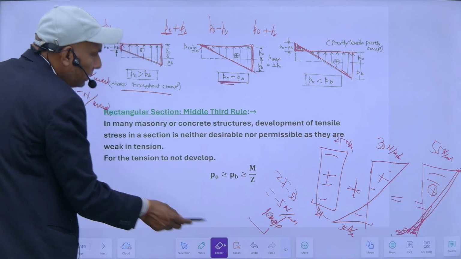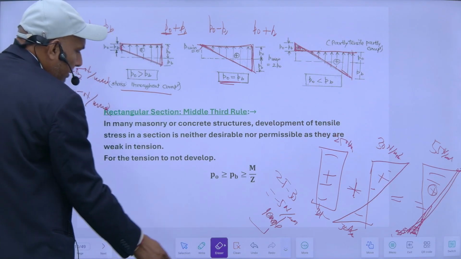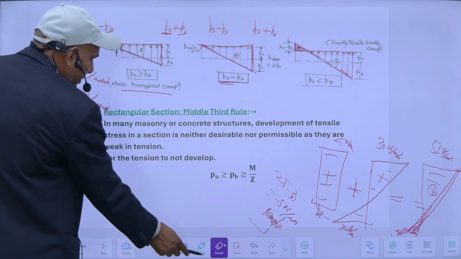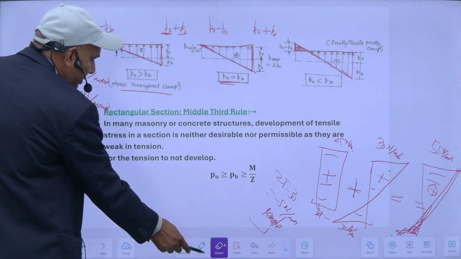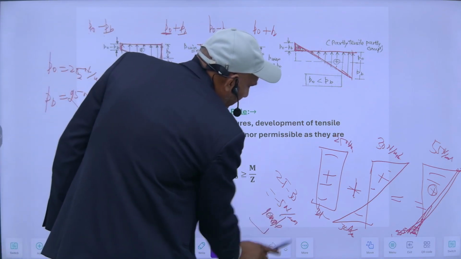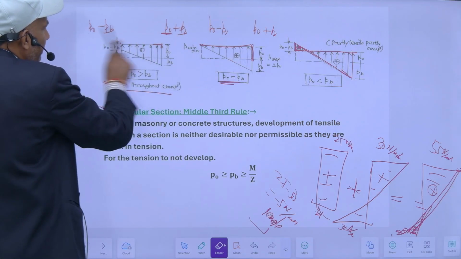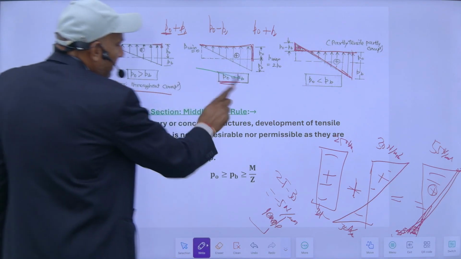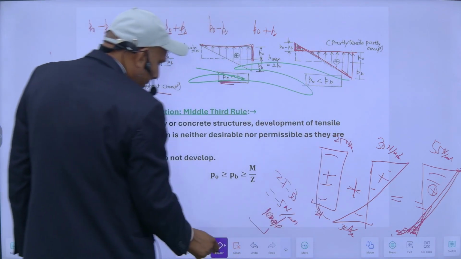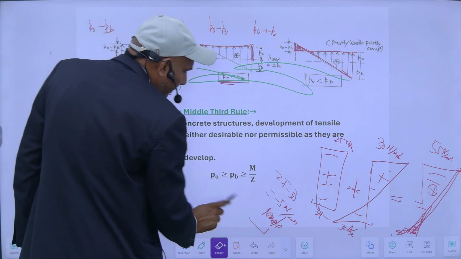We do not allow this, because concrete and masonry structures are strong in compression and weak in tension. That's why my tendency is to ensure that no tension will be developed on any face. That's why this is not a desirable situation.